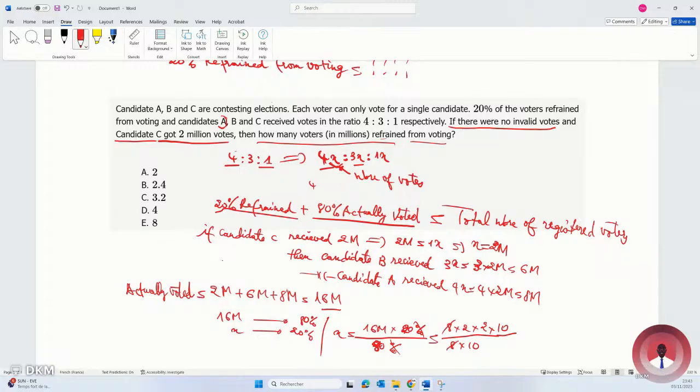So this will be cancelled, and this will be cancelled as well. So we will remain with 2 times 2, which is equal to 4. So the answer will be this. Answer D.